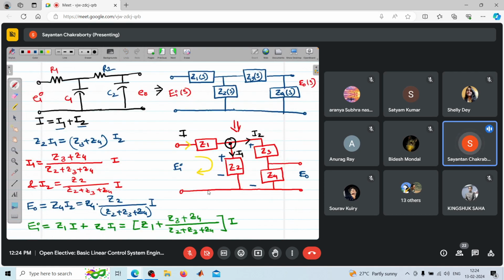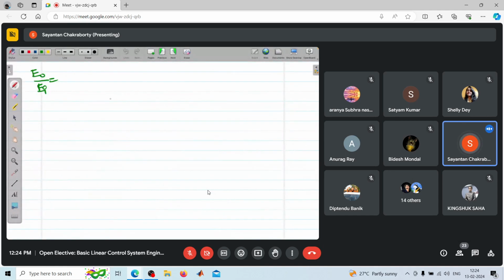If you take simple ratio of these two, I will get cancelled out, and after just some simple algebraic manipulation, what you get is, now in our scenario, what are the different values?